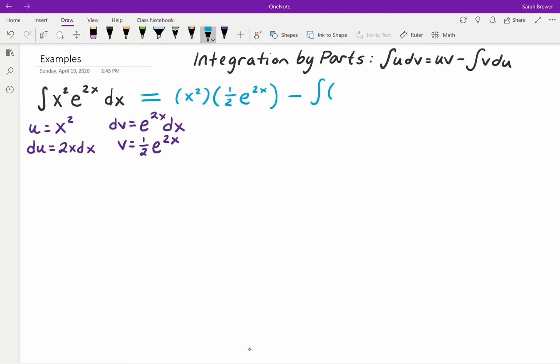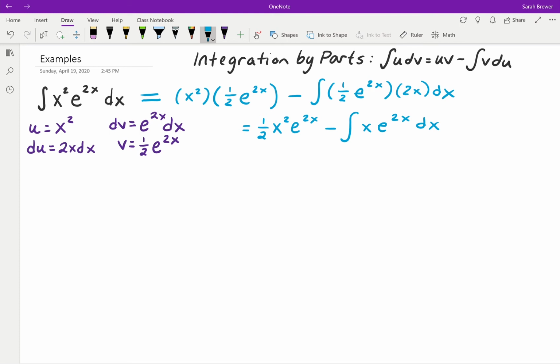So that's 1/2 e to the 2x times 2x dx. Now I'm going to simplify this just a little bit, make it look a little prettier. So I'm going to write this as 1/2 x squared e to the 2x. And here I'm going to let the 2's cancel, and I'm going to bring the x out front. So I'm going to write this as x e to the 2x dx.